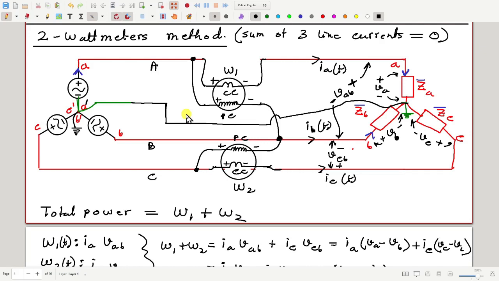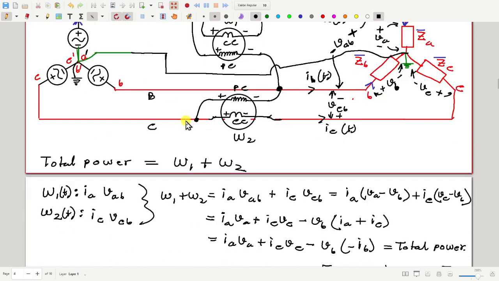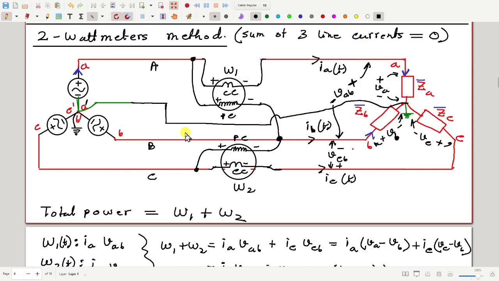No, sir. Okay, so see, if this neutral line is not present, then IA plus IB plus IC must be equal to 0.